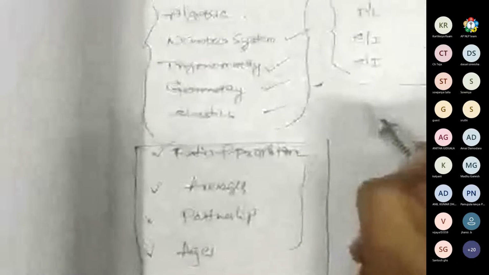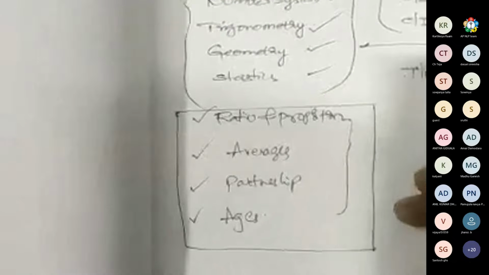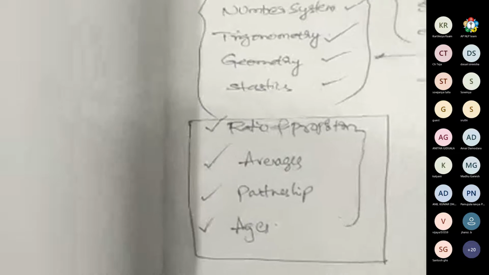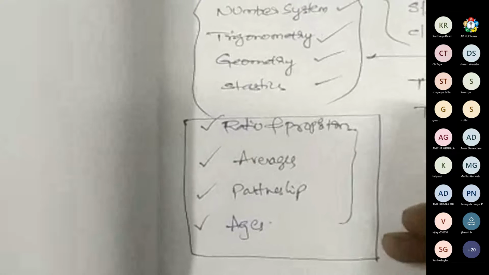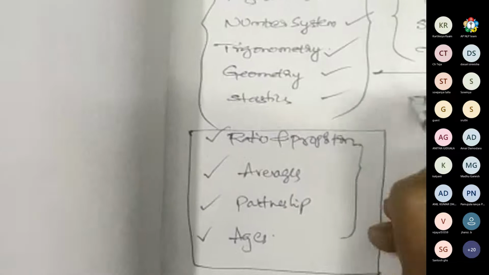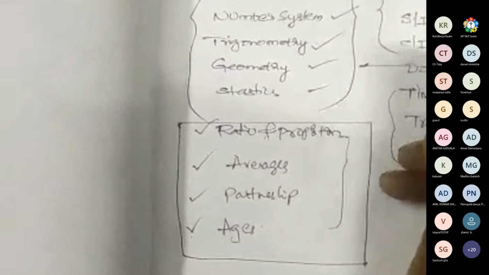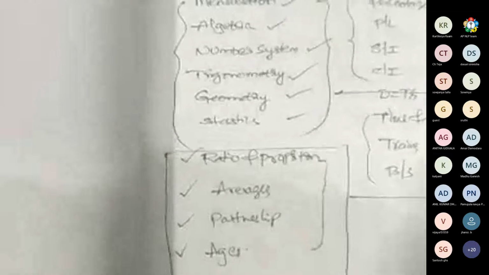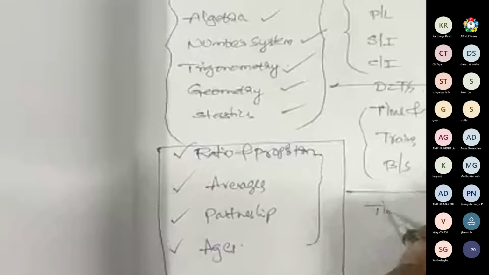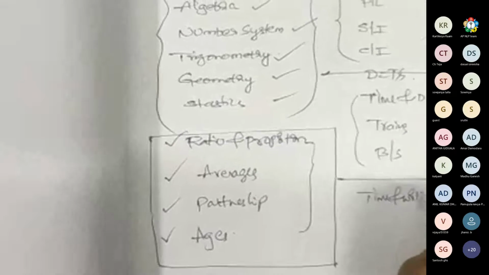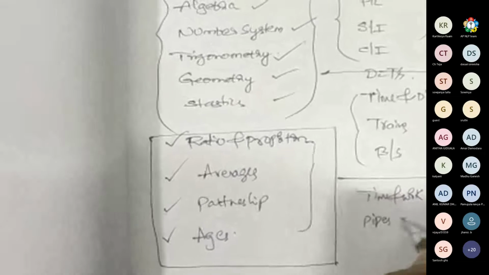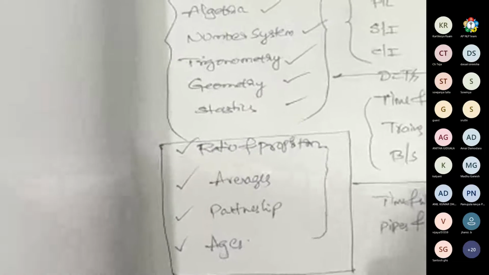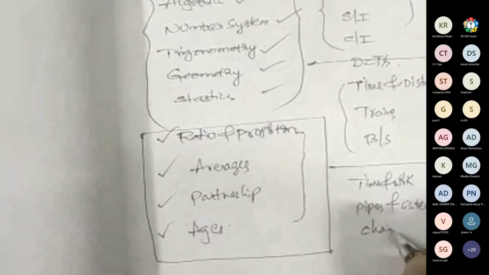Next, time and distance, problems on trains, boats and streams. This is completely the time and distance track. Distance equals time and speed. And the fourth one is time and work, pipes and cistern, and chain rule.